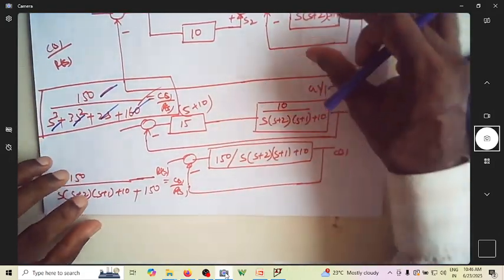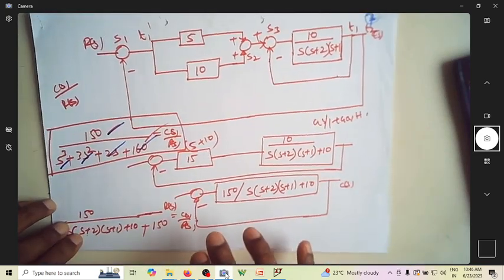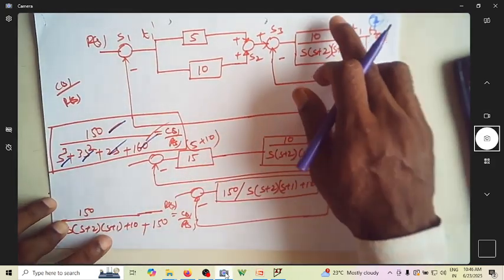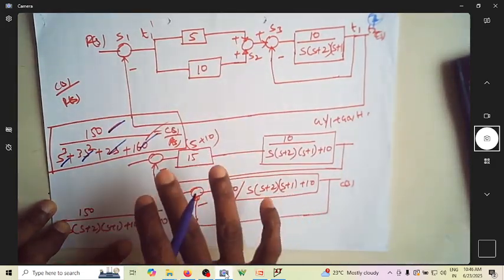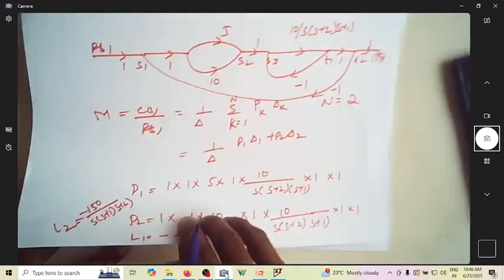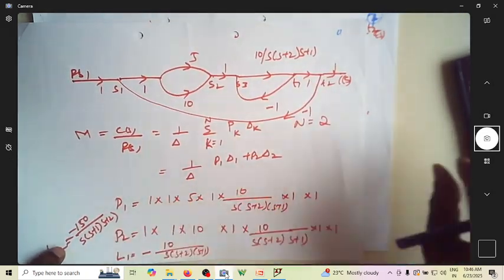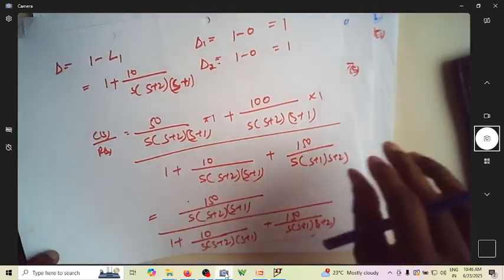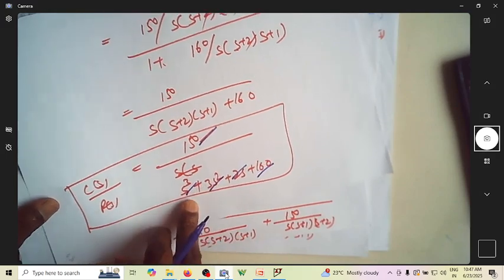In this particular block diagram, it is very easy to get the transfer function directly by solving this and then simplifying. You can get the same solution using a signal flow graph, but it's a laborious process, because you need to go through all these things and you'll end up with the same transfer function.